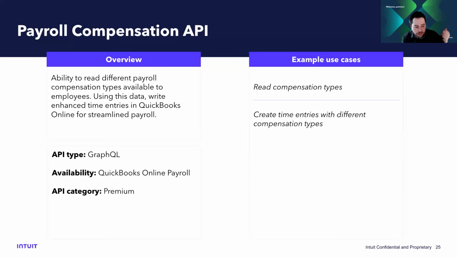I feel like a broken record at this point, but it's GraphQL and it also is premium, and it will be available for anyone using QuickBooks Online payroll. So the ability to read compensation types and understand the different IDs that each of those correspond to, and then using those IDs, be able to create time entries with those different compensation types, so everything is allocated to the correct record.